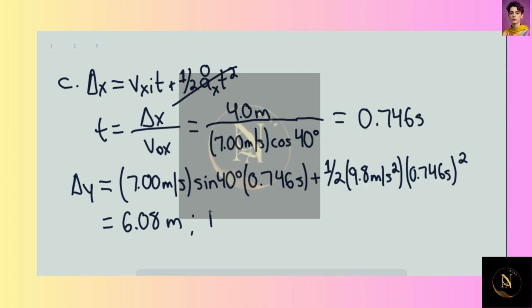So essentially we have 14.0 meters minus 6.08 meters. This equals 7.9 meters above the ground.